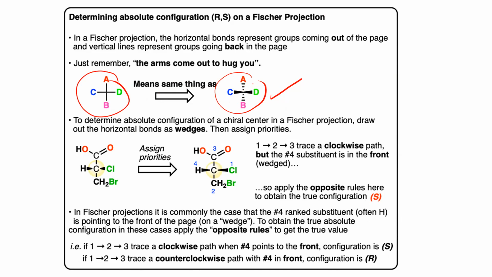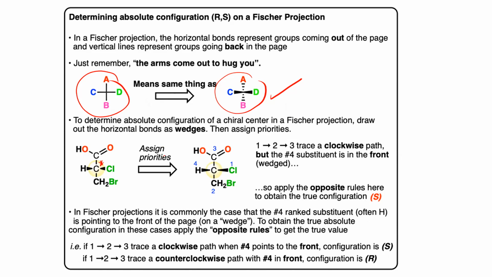You have to know this in order to handle Fischer projections. To determine the absolute configuration of the chiral center, first you need to find the chiral center, and that is your chiral center here. Then you follow the Cahn-Ingold-Prelog rules and assign priorities. I'm not going to go through that again. We covered that in detail with examples.